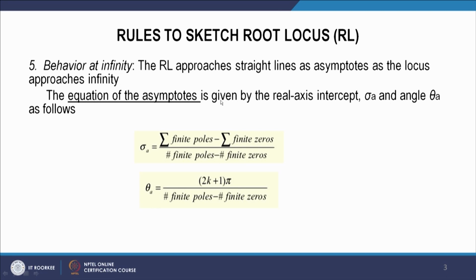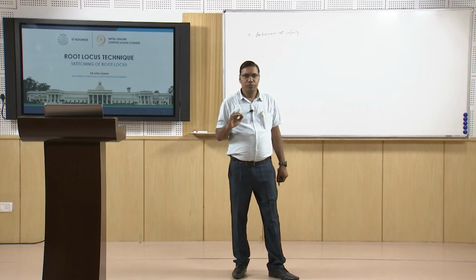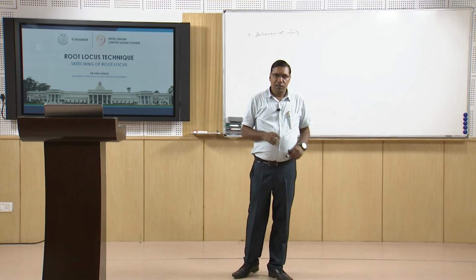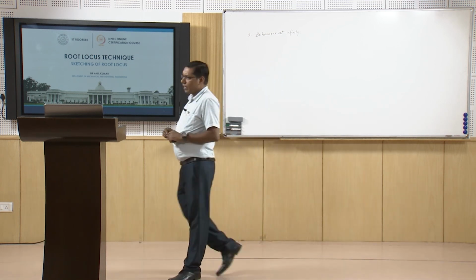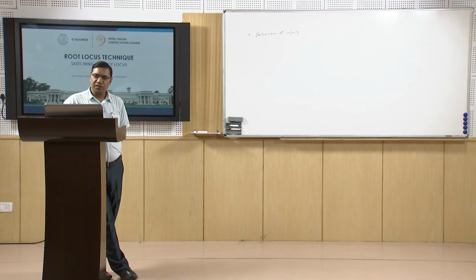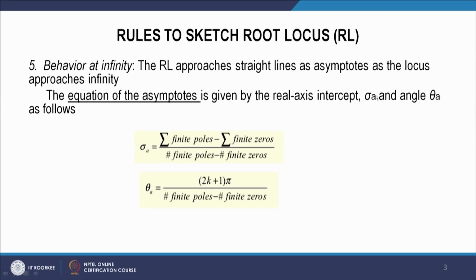So at infinity the root locus will approach as asymptotes of a straight line, and the equation of the asymptotes can be found with the real axis intercept, means that it is a straight line and it will intersect the real axis at some real axis point and at a certain angle.